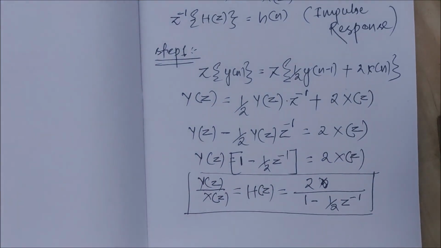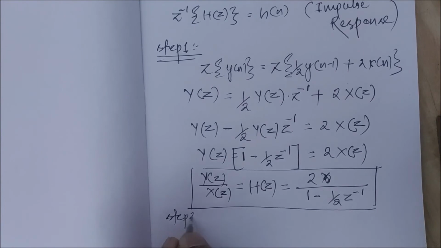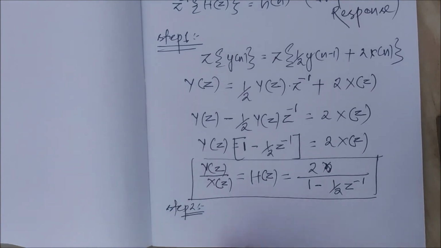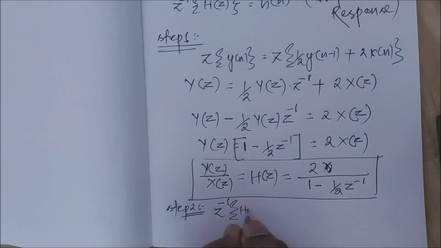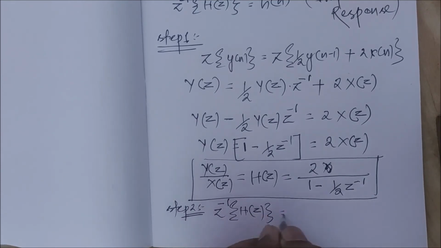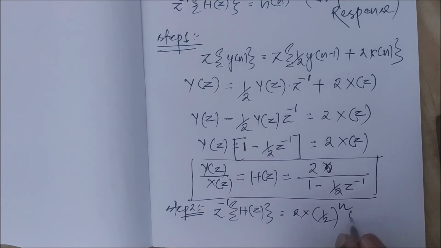Now we need to find out the unit sample response. For that we need to determine the inverse z transform of H of z, which is my step number 2. So the inverse z transform of H of z will be 2 times 1 by 2 to the power n u of n.